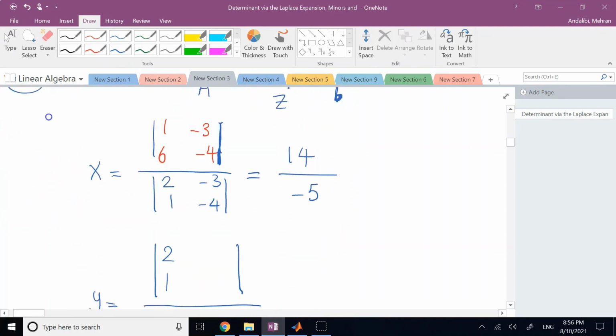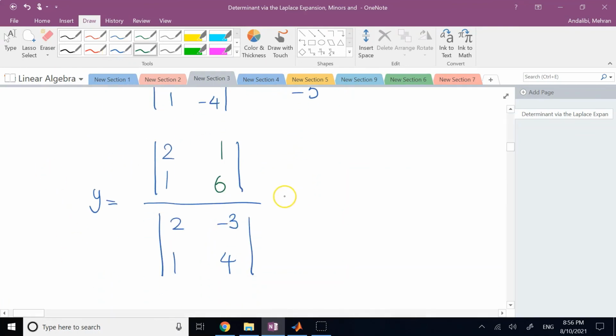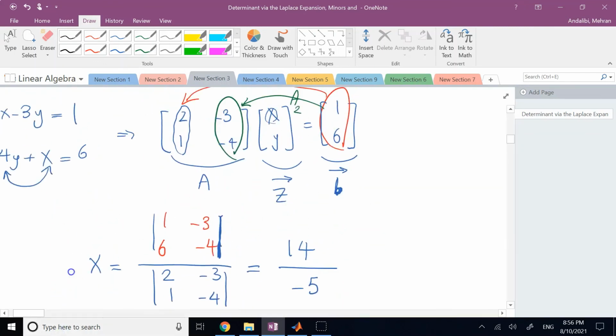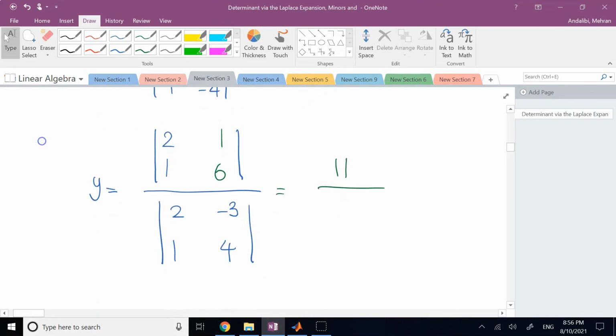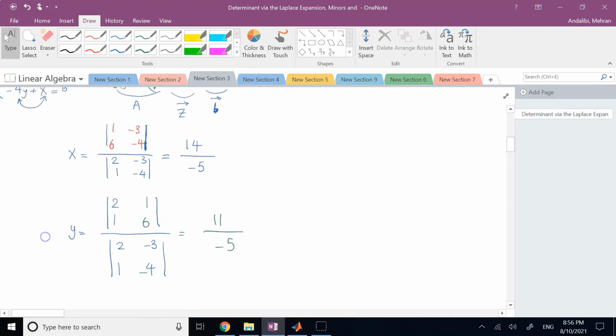So A2 is going to have 1 and 6 here. If you calculate this, it is going to be 12 minus 1, so that's 11. And the denominator is negative 8 plus 3, that's negative 5. Okay, so one of them is negative 14 over 5, the other one is negative 11 over 5, and that's it.